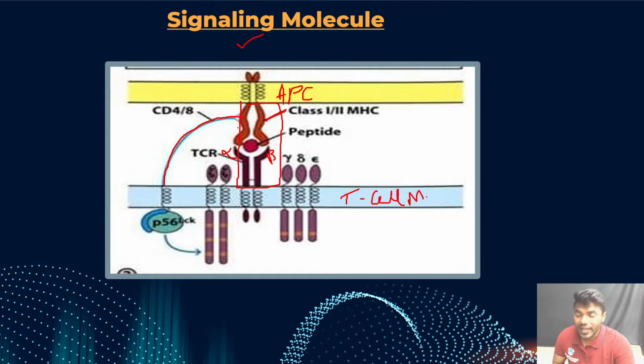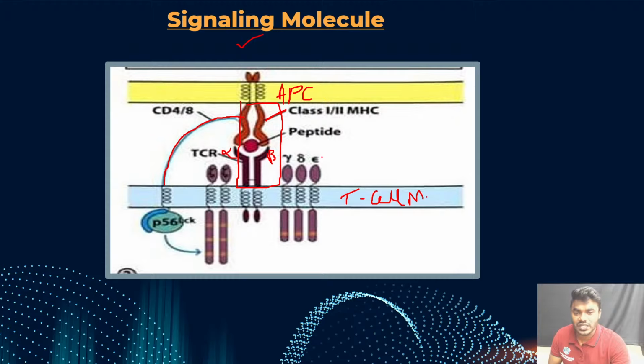They are also getting activated. The question is very clear. Listen to my words very carefully: whenever MHC, TCR alpha, beta and CD4 or CD8 all get activated, then only is there an activation of the co-receptors of the T cell.